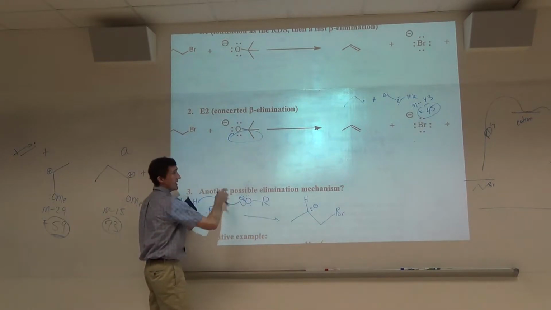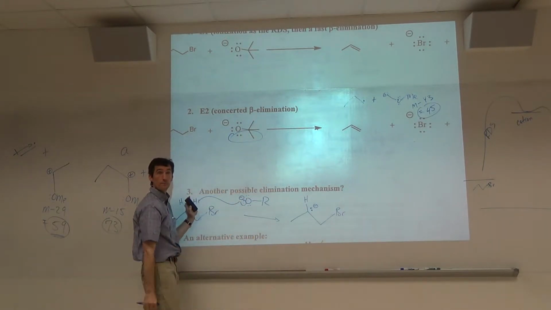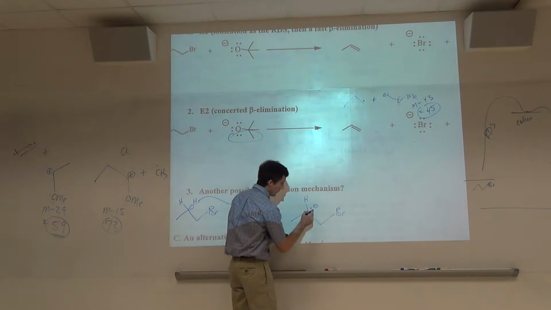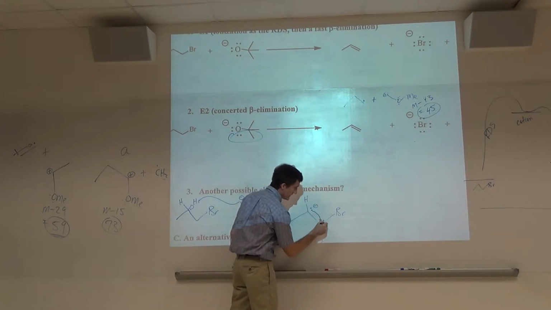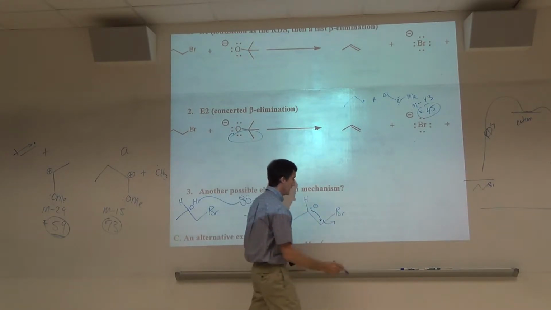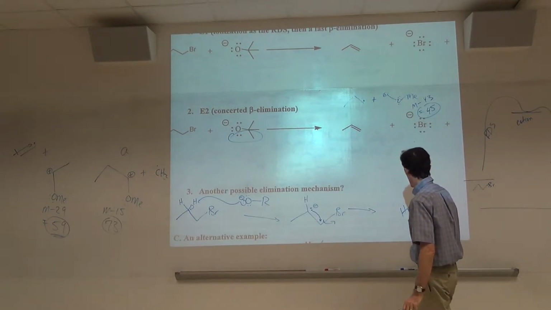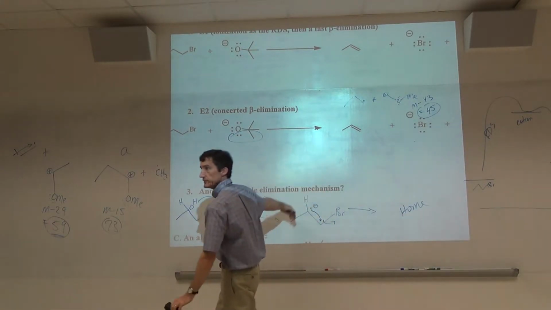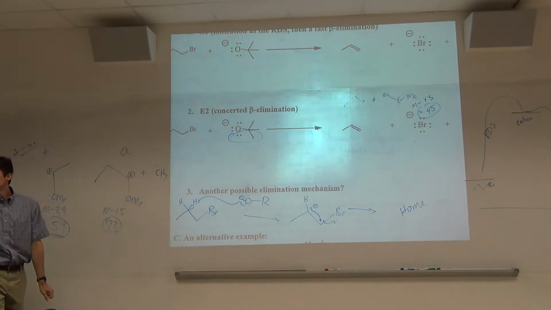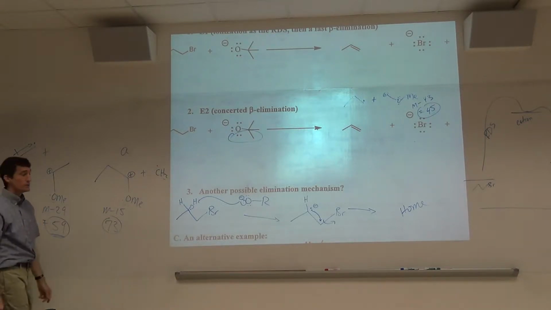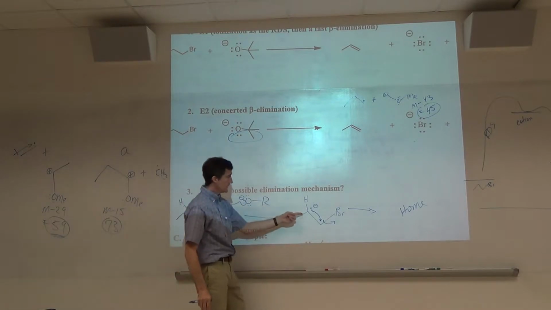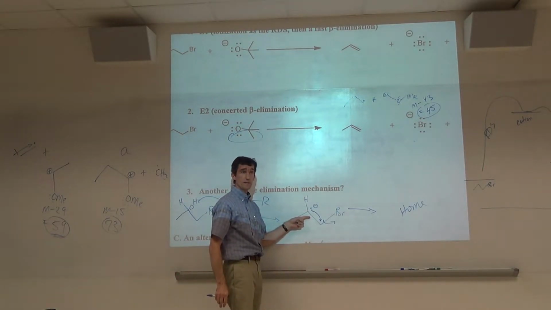And that's going to give your alcohol that we're forming. What if I then move electrons in and kick off the leaving group? That gives everything shown above. Is that mechanism different from the two above? Certainly, because in the two above, we never made a carbanion.